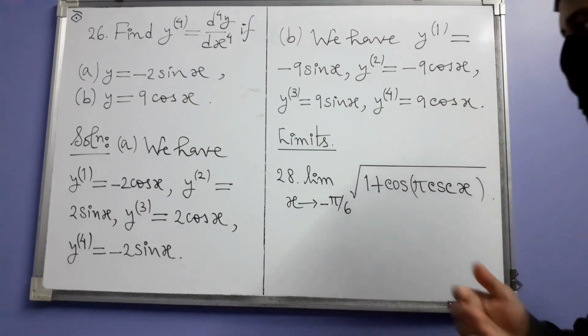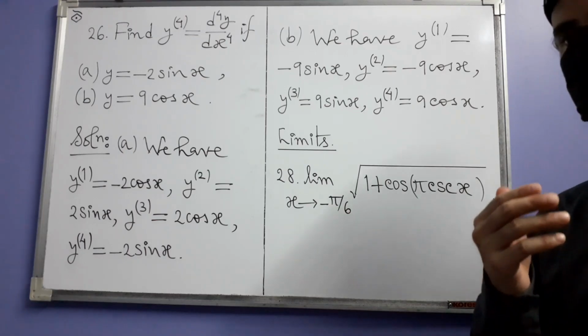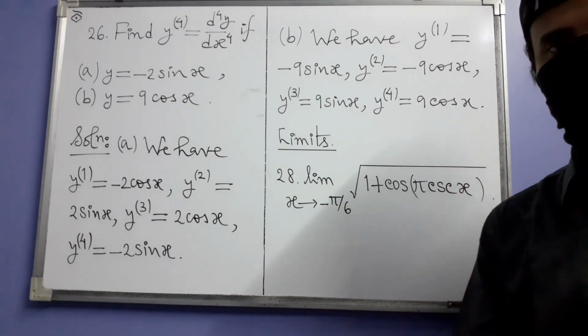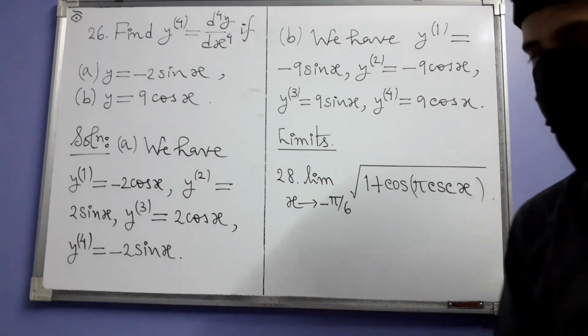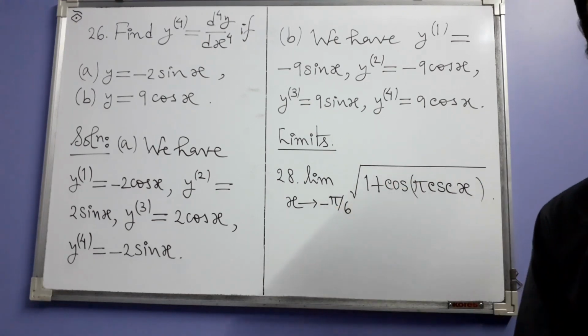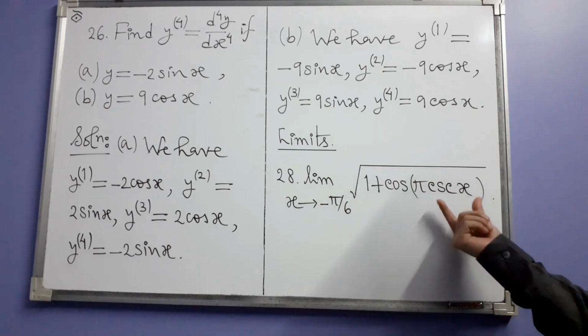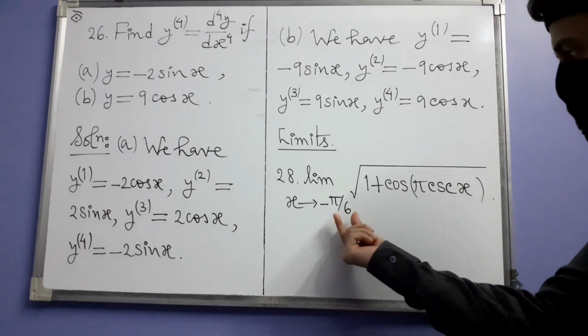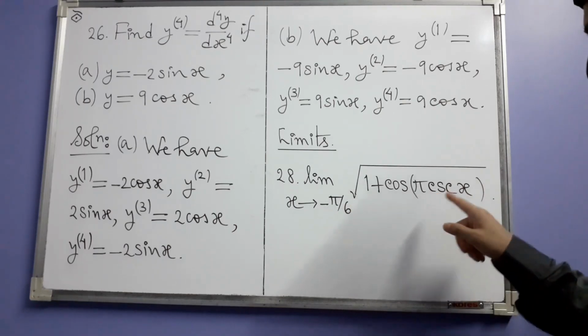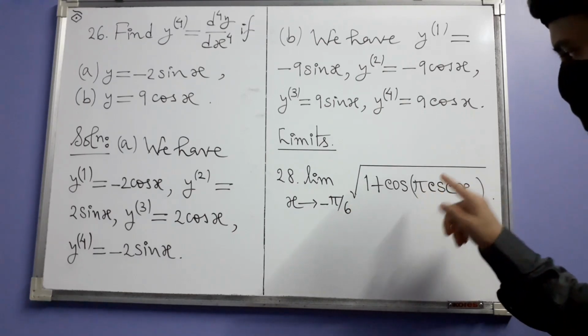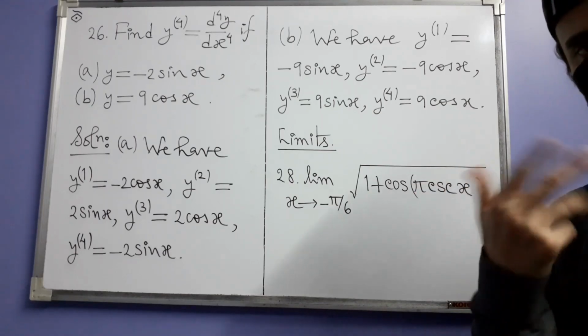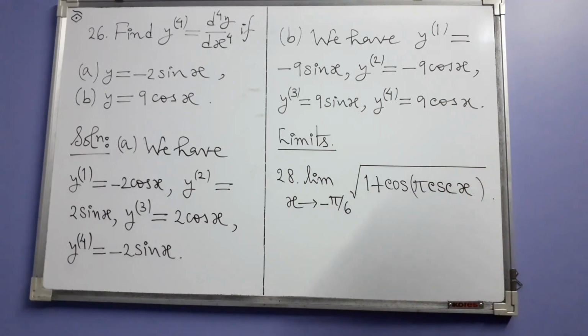That means at every real number except the integer multiples of pi. This is not an integer multiple of pi. That is why the cosecant function at this point is continuous. Multiply that by any constant, here by pi, still it's a continuous function.